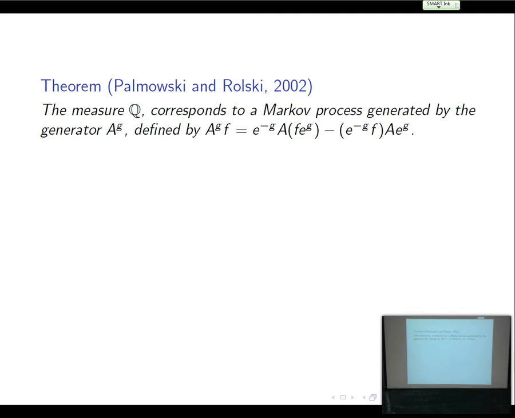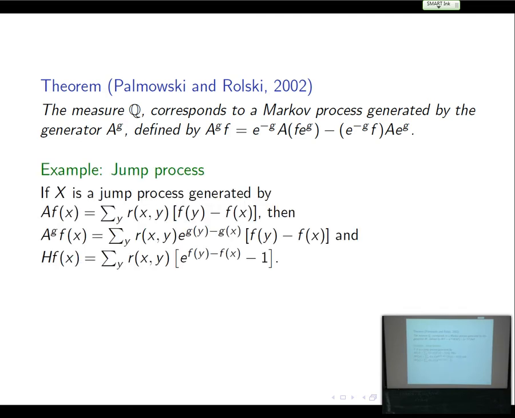So first I start with the Markov jump process. A Markov jump process has a linear generator A, which is of the following form. I take the sum over all sites y where I can jump to, then I have a rate r(x,y), and then I evaluate the difference of the function.